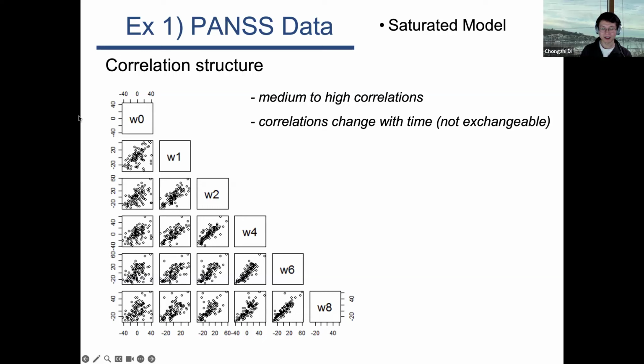But if you don't have additional covariates, you are saying that for any subpopulation, say older people or younger people, male or female, or people in different treatment groups, you assume that the correlation structure is the same.